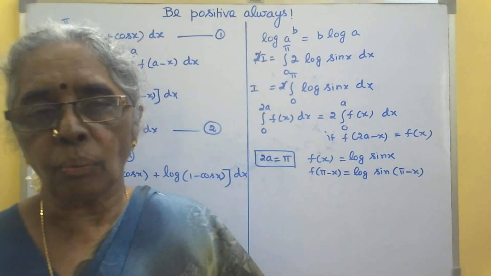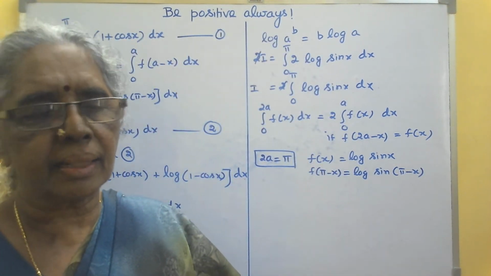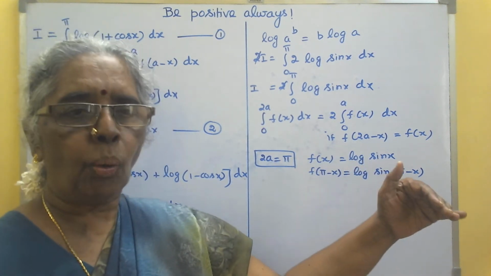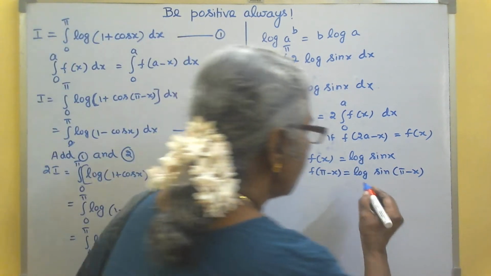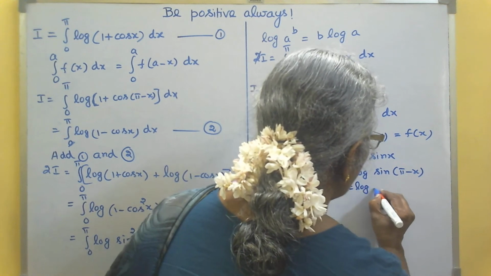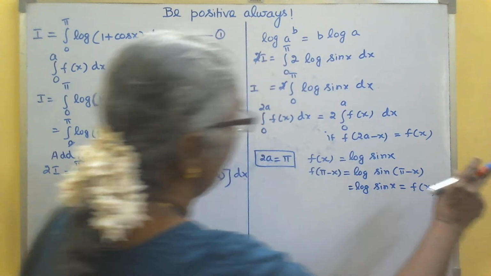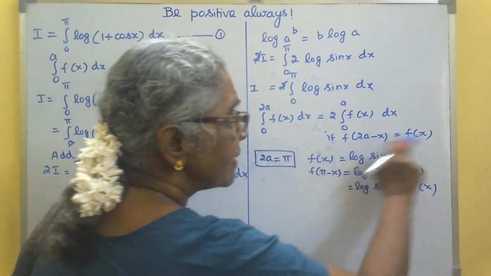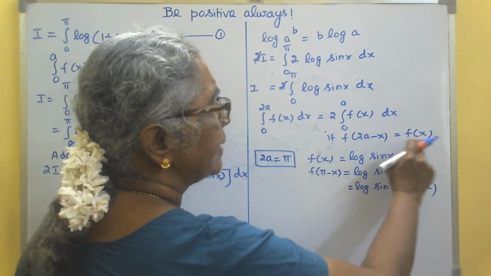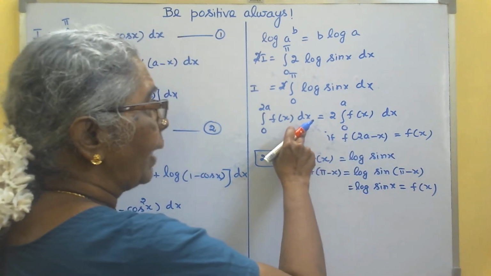You know sin 180 minus theta is sin theta, because that is in the second quadrant and sin theta is positive. So now you will get this is equal to log sin x, which is your f of x. So you have proved this condition, that is f of 2a minus x is equal to f of x. So we can apply this property.